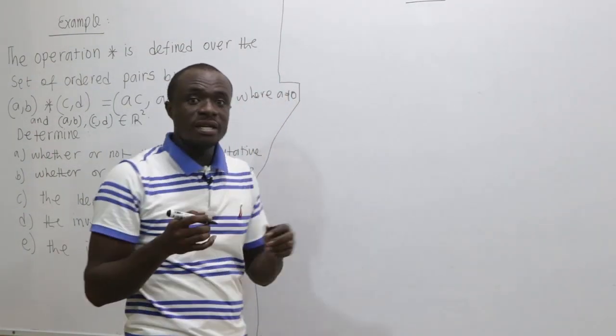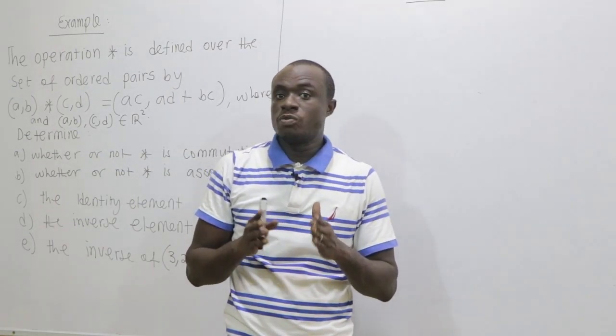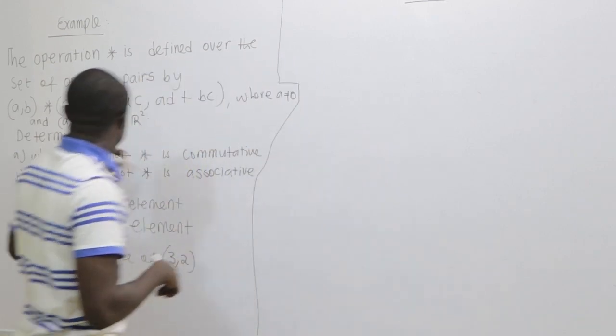Now when it was in R, we know that a binary operation is said to be commutative if A star B is equal to B star A. But in this case we have two elements.